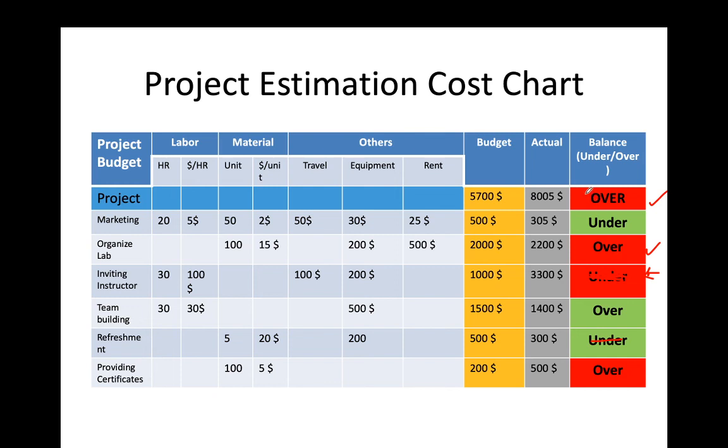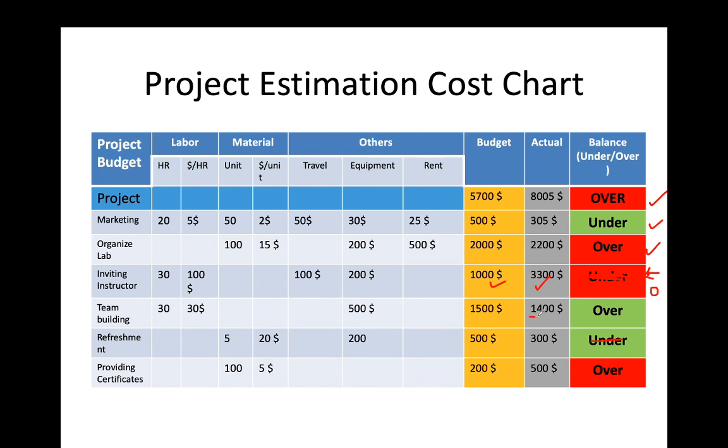So in this column you have to write, because it is exceeding, so it is over the budget. It is under, so it is under the budget. So it is again over the budget. 3300, but the budget was 1000. So this is exceeding. So this means this is over the budget.